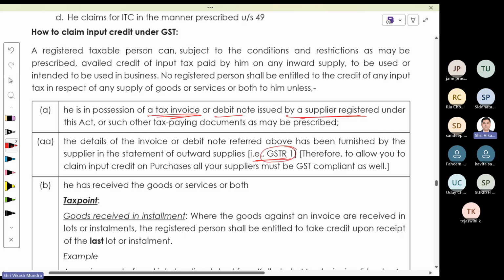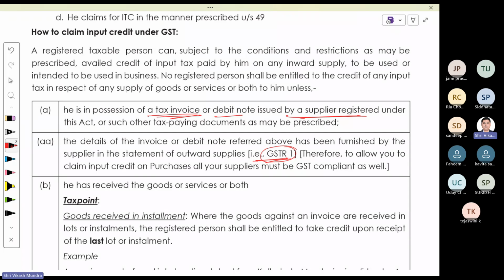In that GSTR1, invoice-wise details should be provided by them. If the name of Sandeep appears in that list with the respective amount, invoice number, date, etc., then only Sandeep is eligible to claim ITC.